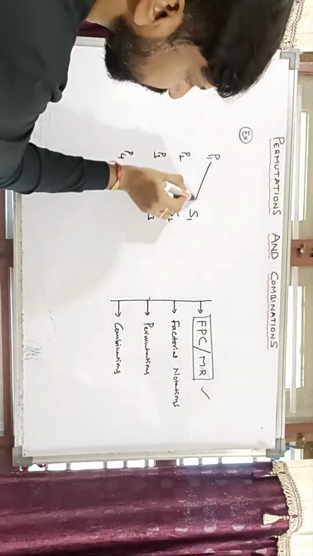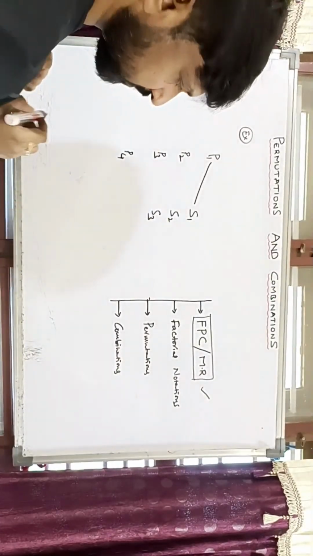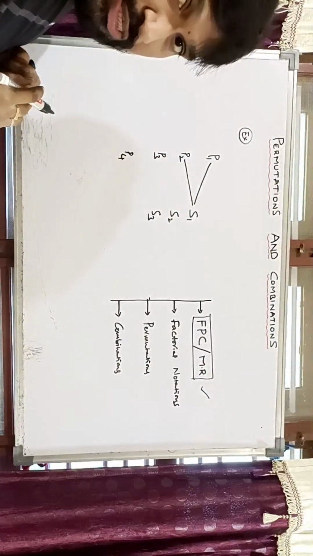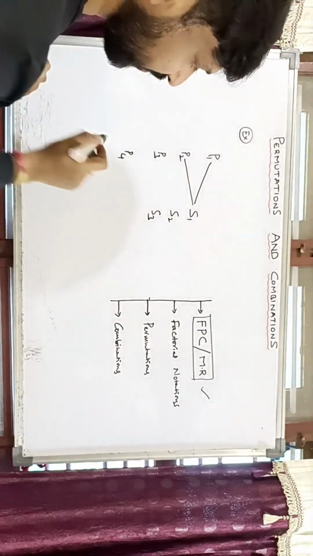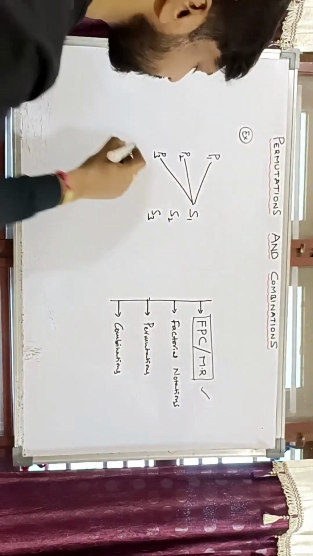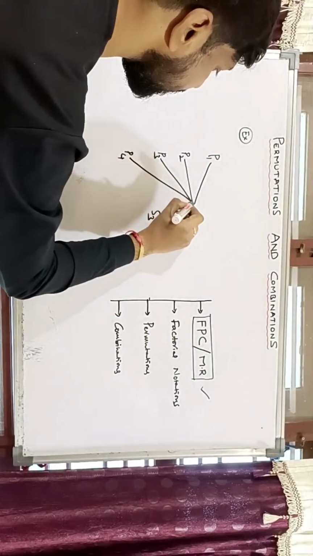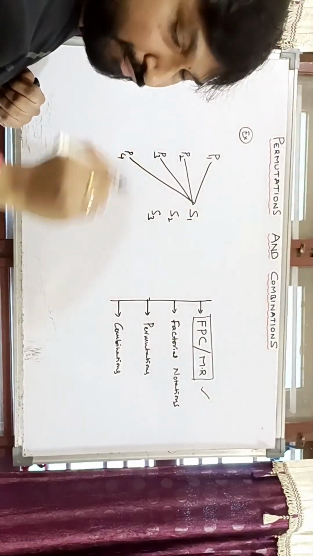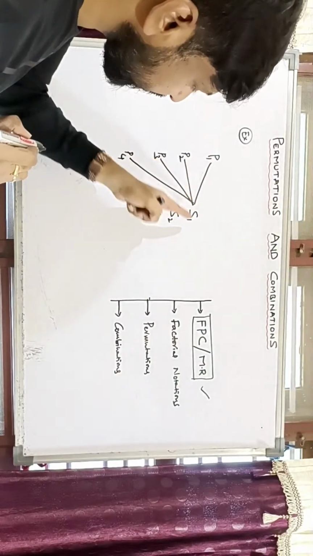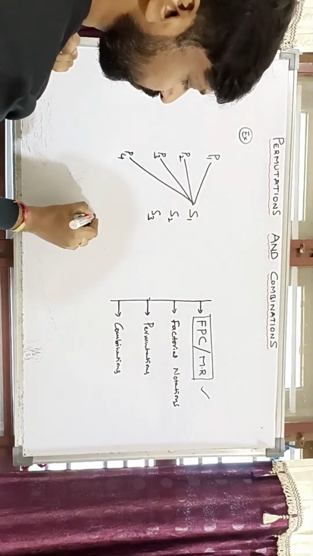Pant one and shirt one combination is one dress. Pant two and the same shirt S1, second dress. Third pant and the same shirt, third dress, and fourth pant and the same shirt, fourth dress. Like P1S1, P2S1, P3S1, P4S1. You are going to create four dresses.